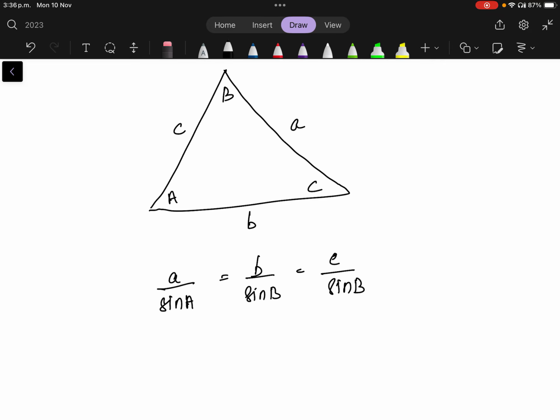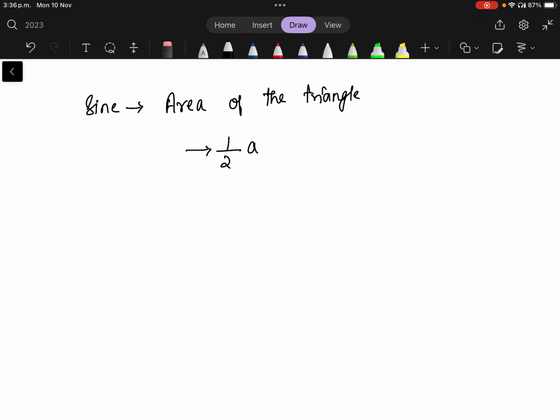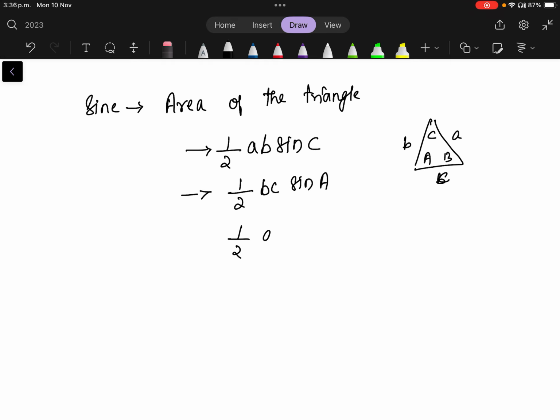So this is the first thing which you need to understand. Now with the sine rule comes area of a triangle. To find the area of a triangle, there's a formula: half ab sine C. Remember, for this also the triangle holds the same notation as A, B and C, and this can also be written as half bc sine A or half ac sine B. So if you see the pattern, if there is a and b here, C will be the angle.